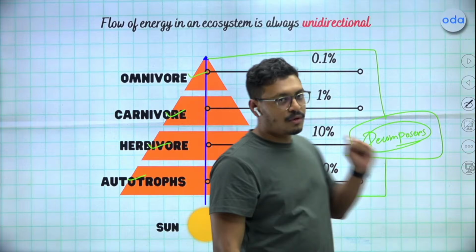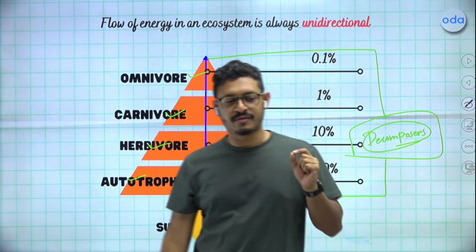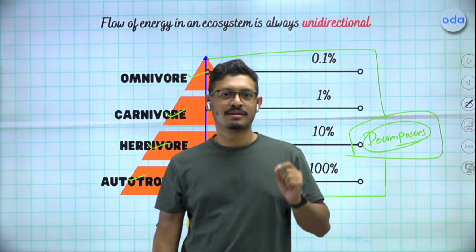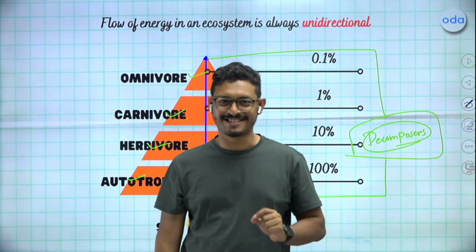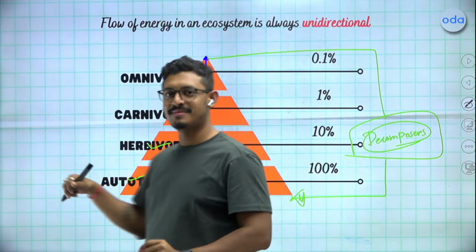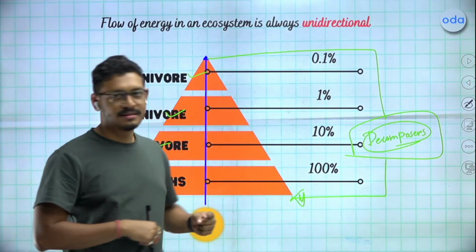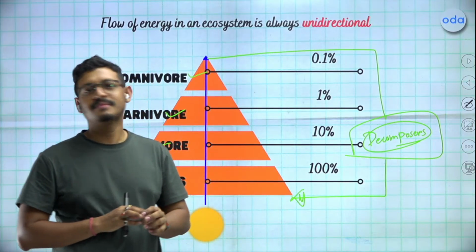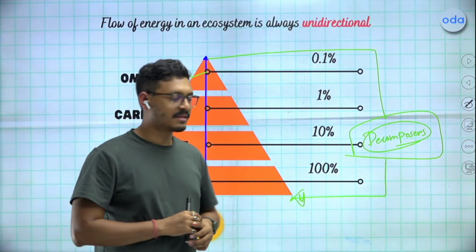Decomposers are the sole saviors of your food chain. If decomposers were not the link between all these organisms and the final act of autotrophism, it would not sustain.